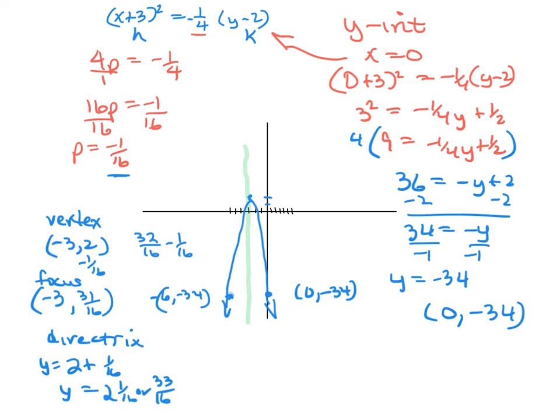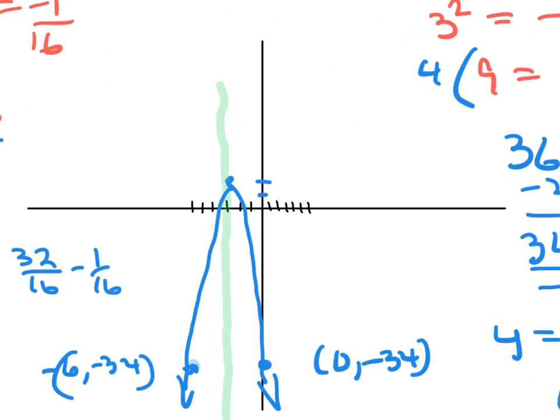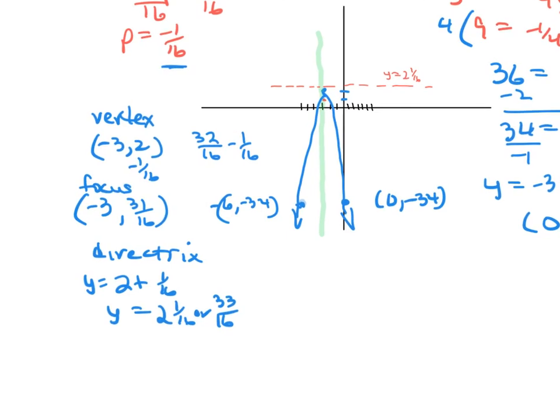So we can go ahead and graph it. Again, it's kind of hard to graph. So maybe right there. Let's do a different color. And then the directrix is on the other side here, and this is at y equals 2 and 1/16. So this is your directrix.